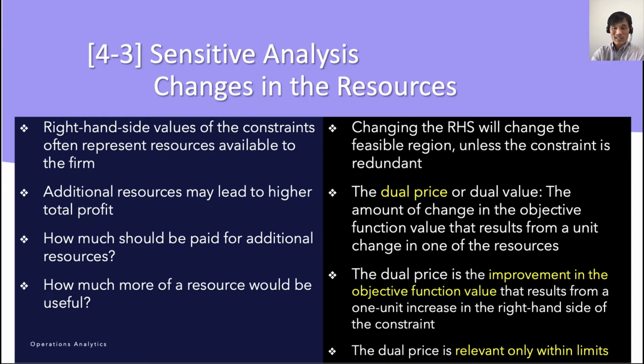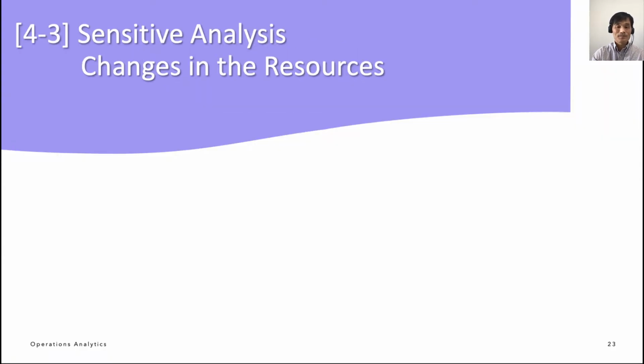There would be excess resources, or the objective function may change by an amount different from the dual price. The dual price is the improvement in the objective function value that results from a 1 unit increase in the right-hand side of the constraint. The dual price is relevant only within limits.